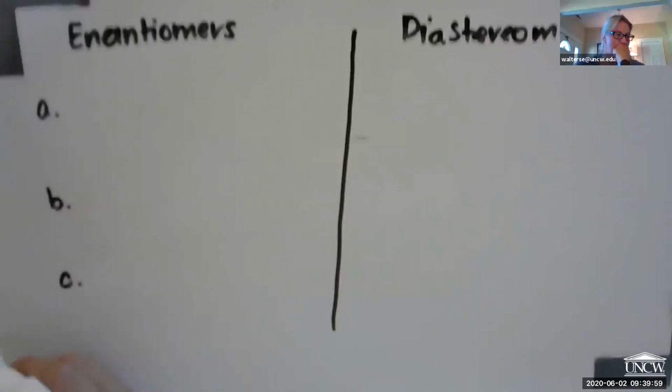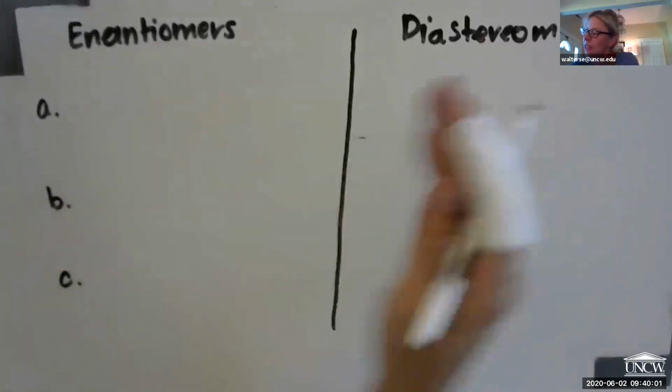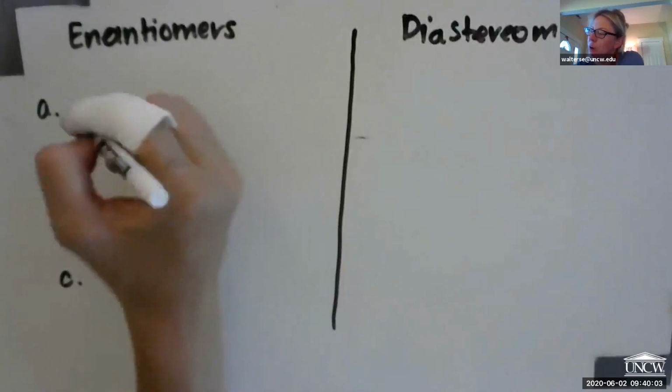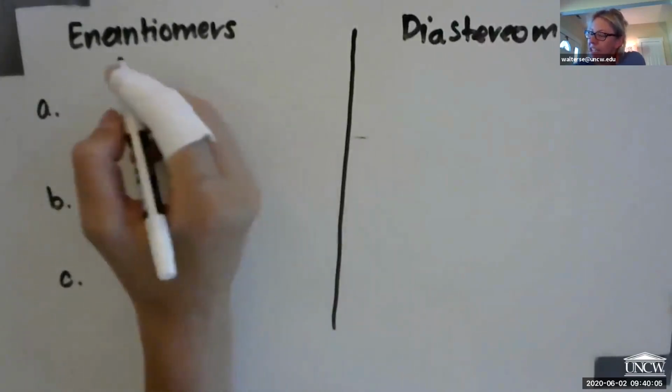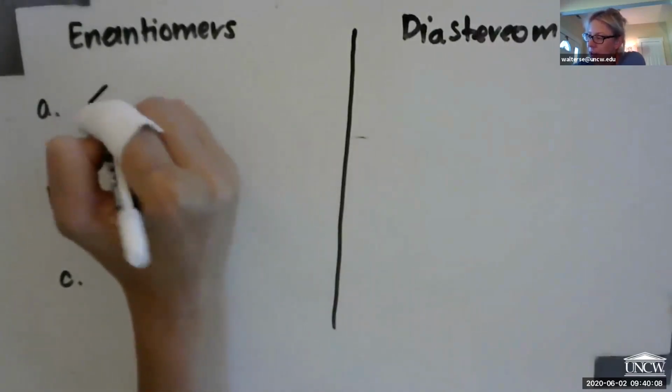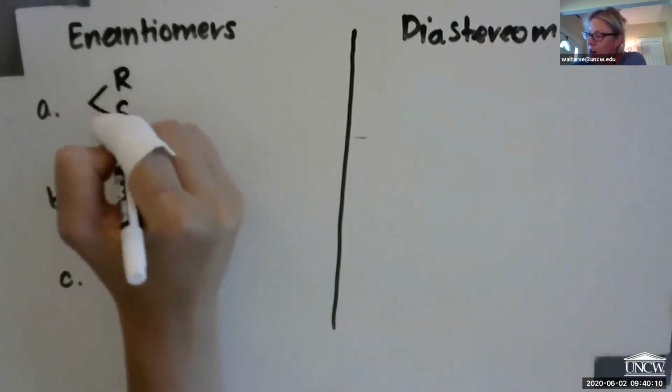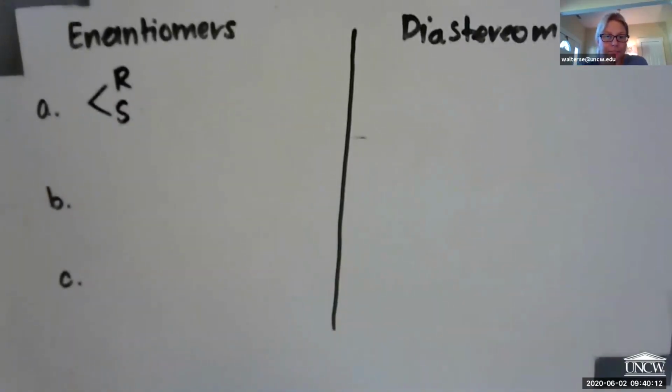And then I'll do other ones over here. So a pair of enantiomers would be, one is R, the other is S. Okay.